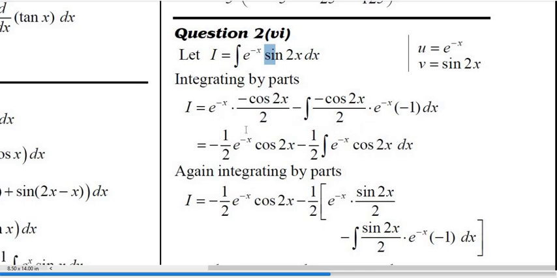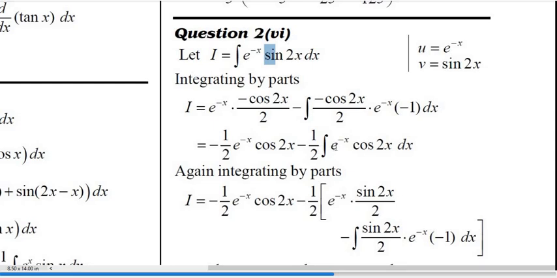Now next, minus e power minus x, 1 by 2 cos 2x as it is, minus, plus minus again minus. 1 by 2, this 2 is a constant, so we shift it from outside to inside the integral sign, integration of e power minus x cos 2x dx.